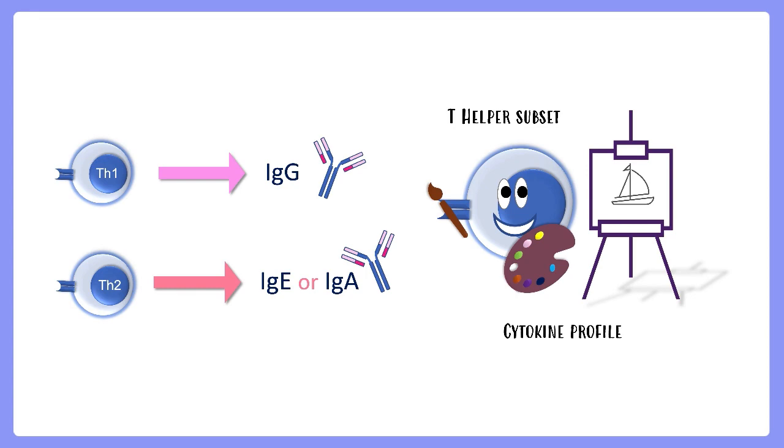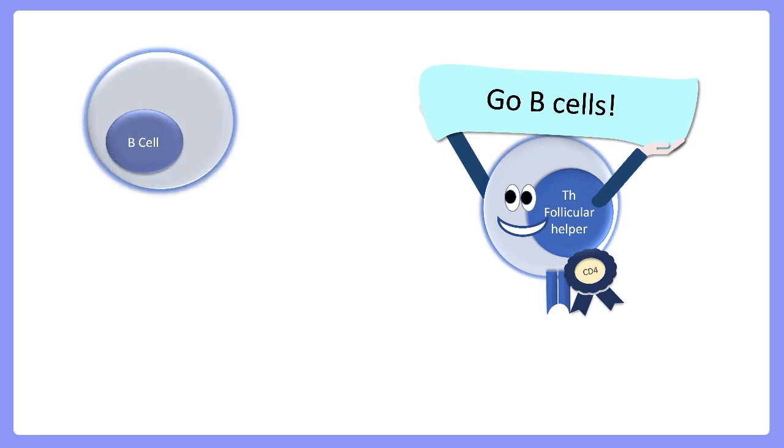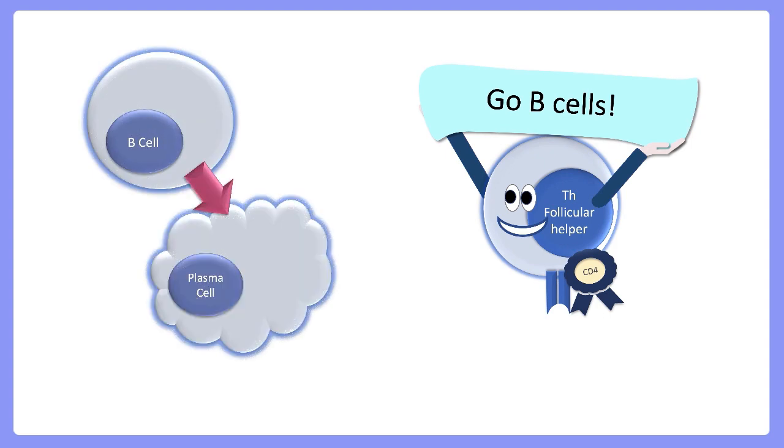And so cytokines generated by T helper subsets are important for B cells to know what to do. And in addition to this, there is also a particular T helper subset which is dedicated to helping B cells to do their thing. And these T cells are known as the T helper follicular helpers. These little guys make it their mission to support B cells in becoming the plasma cells that they were destined to be.